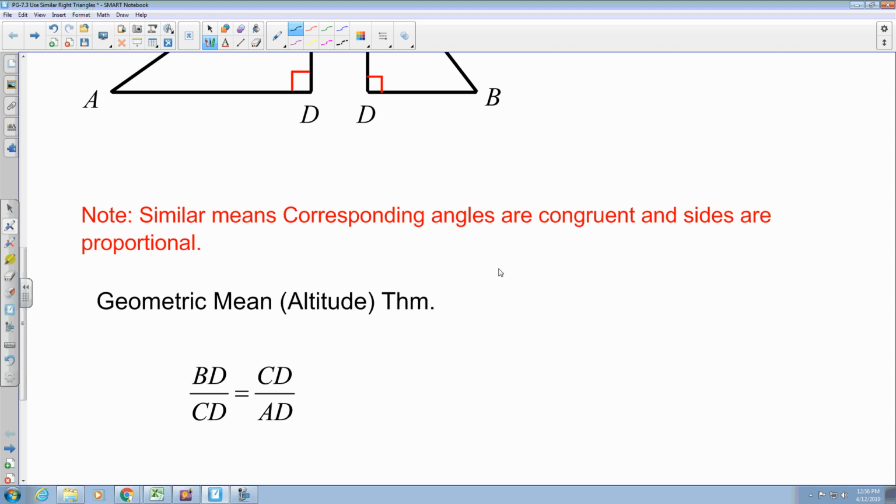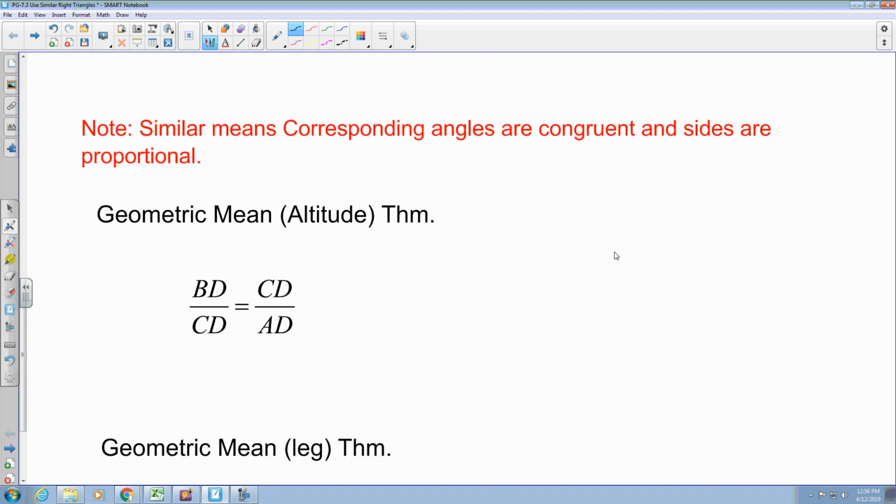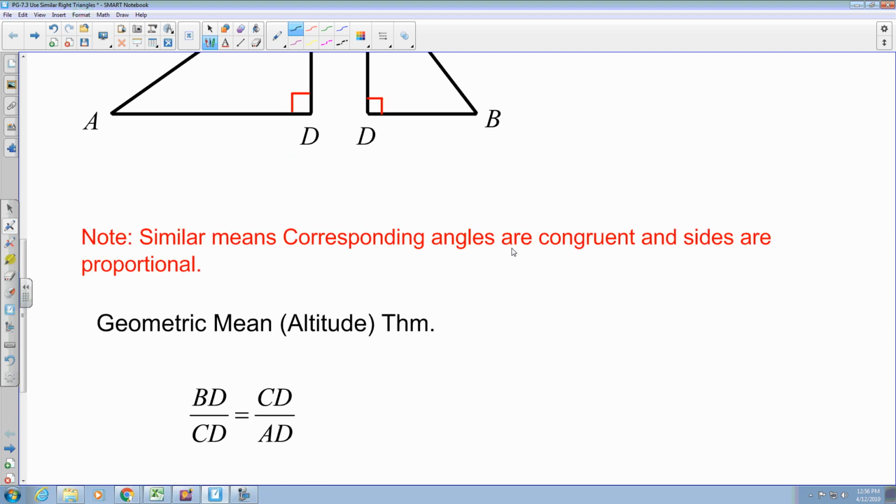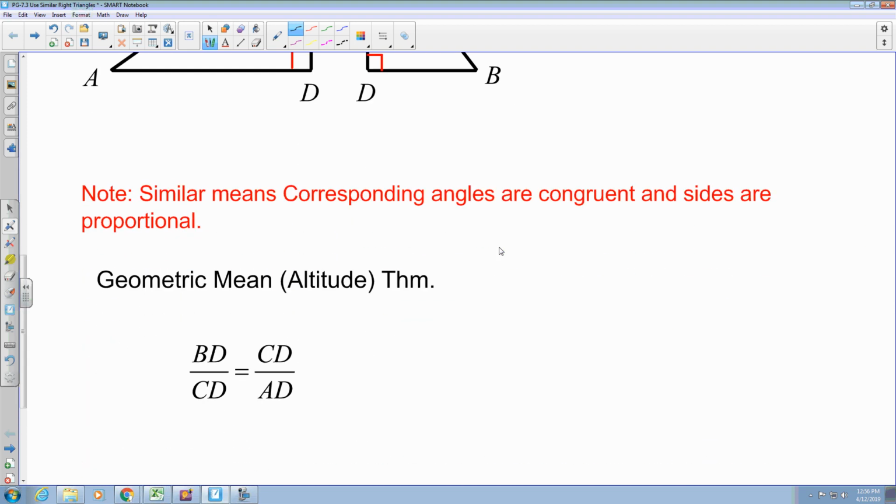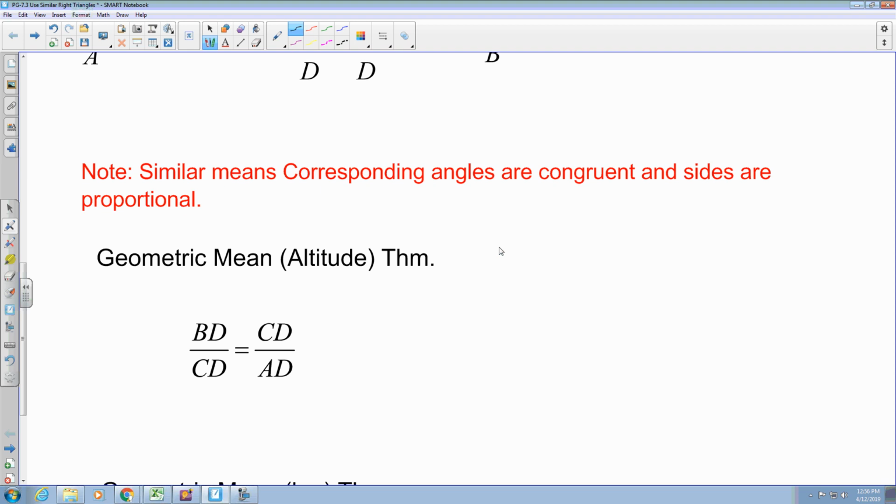One of the things we can do to help us solve, especially for unknowns, is use the geometric mean. The geometric mean theorem helps out, in this case, where one line segment represents multiple parts of the specific right triangle.